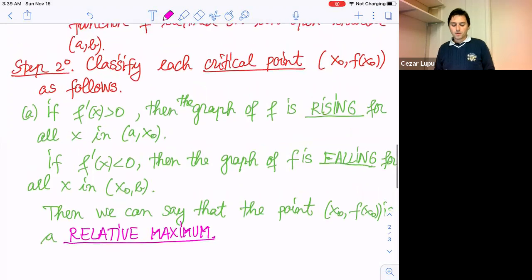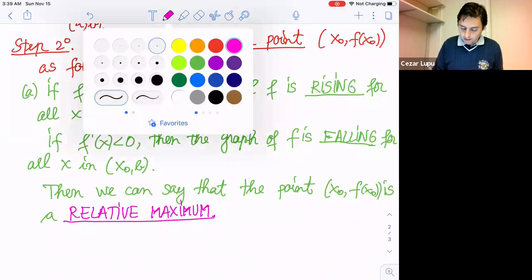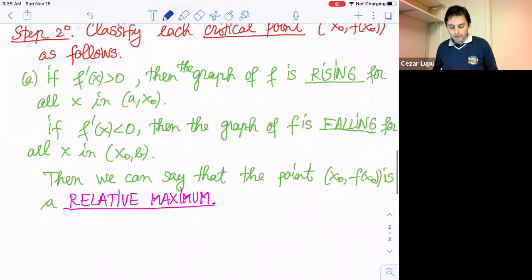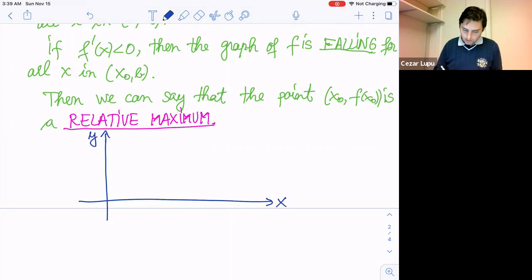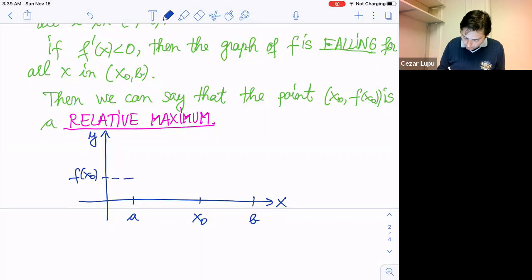Okay. And the picture will be quite clear. Let me just draw it. So let's just say we have the following situation here. Let's just say here I have the point A, here I have the x naught, here I have the point B, and let's just say here I have f of x naught. So this is where my point of coordinates x naught, f of x naught will be, right, as you can see.